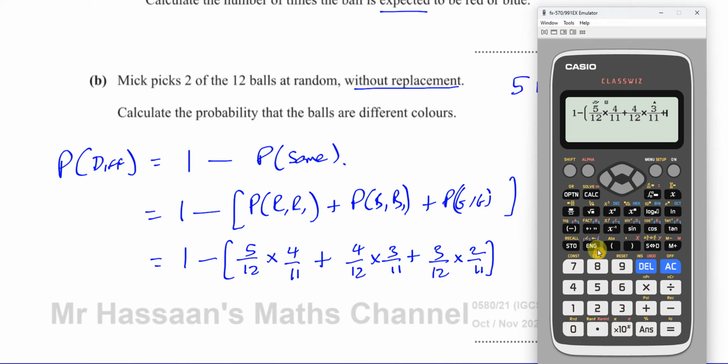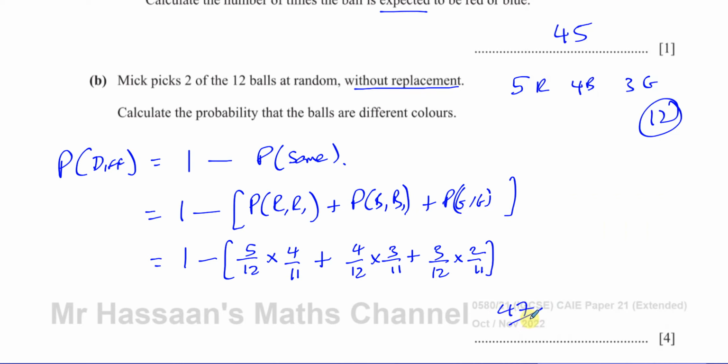Then plus 3 over 12 times 2 over 11. Close that bracket. And that will give us our answer, which is 47 over 66.